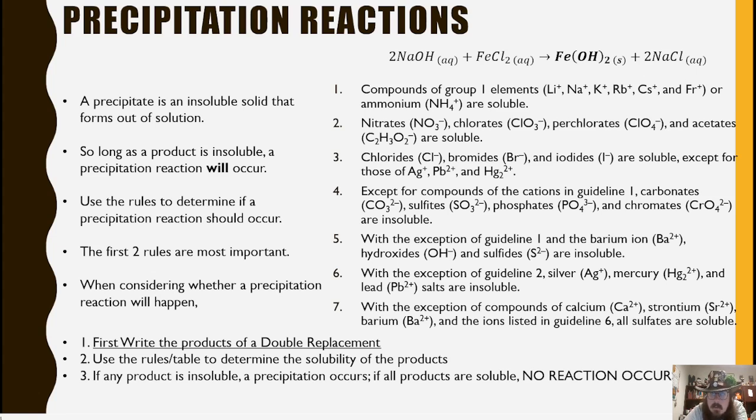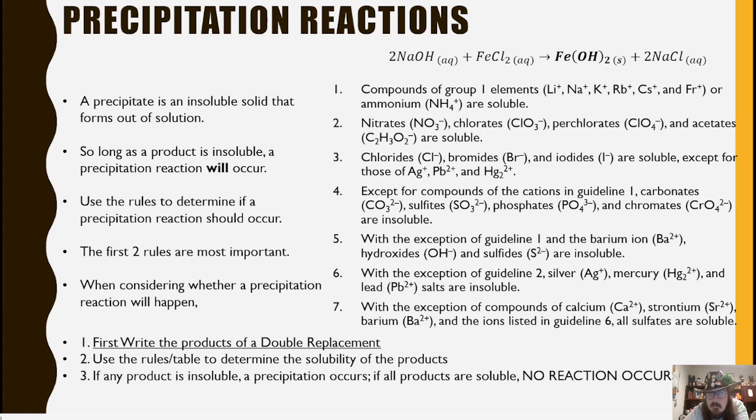Rule 1. Compounds containing group 1 elements or ammonium are always soluble. So any of the group 1 elements, lithium, sodium, potassium, rubidium, cesium, francium, are always going to be soluble, always.